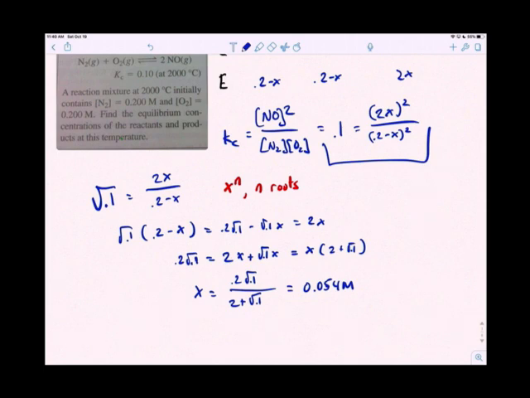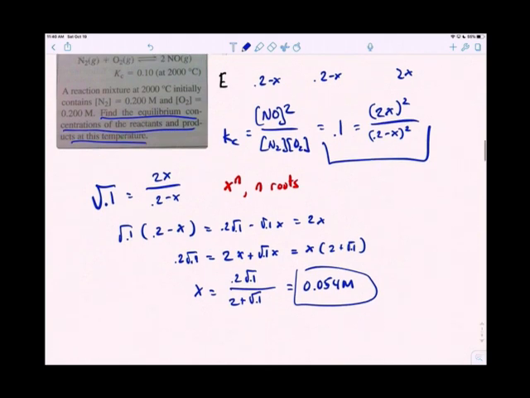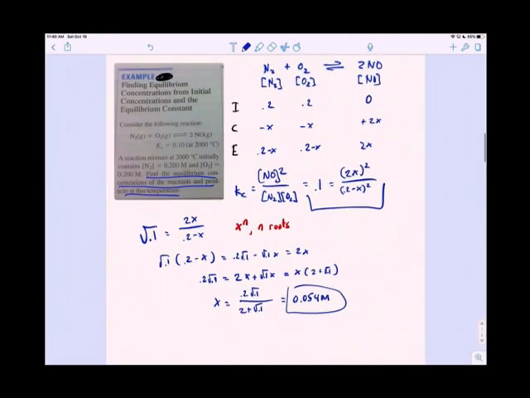Okay, so that's the answer there. Don't forget, what they're asking for is the equilibrium concentrations of the reactants and products of this mixture, so we have to take this and apply it back up here.